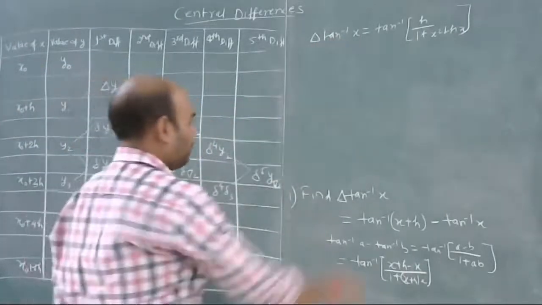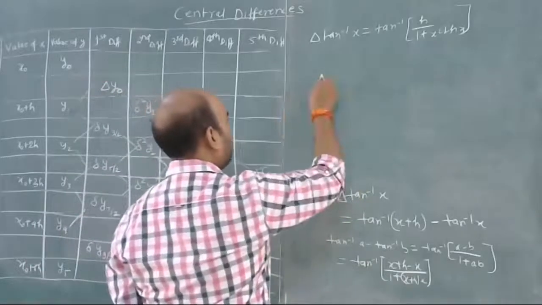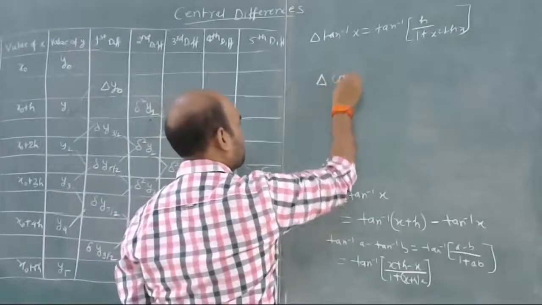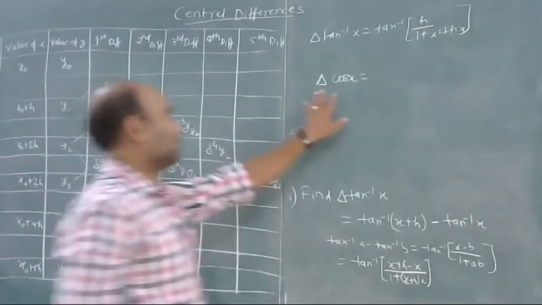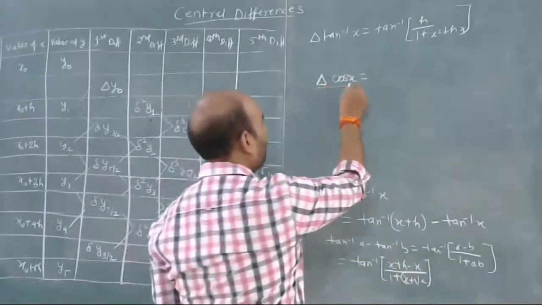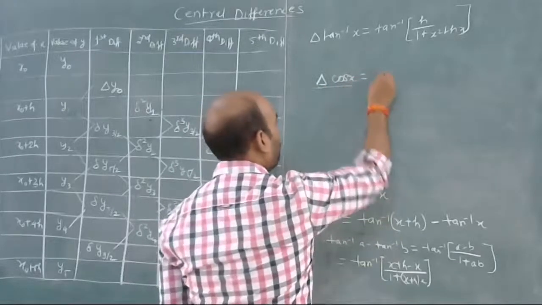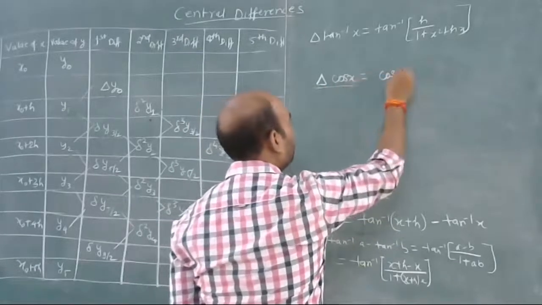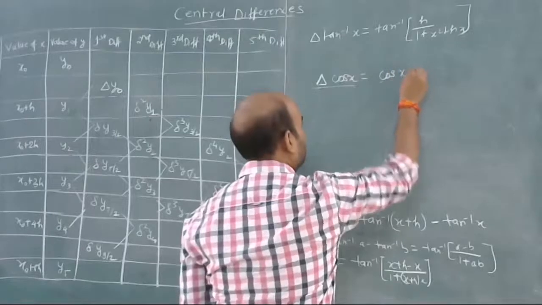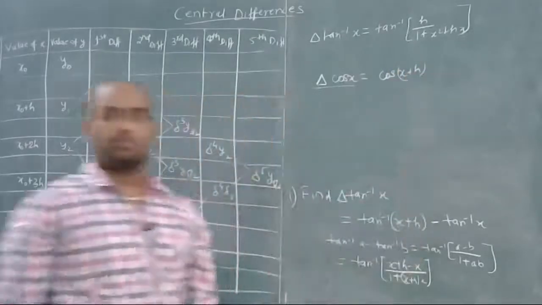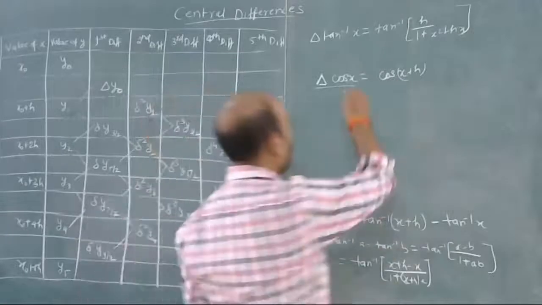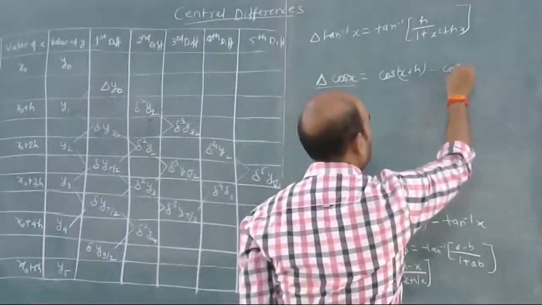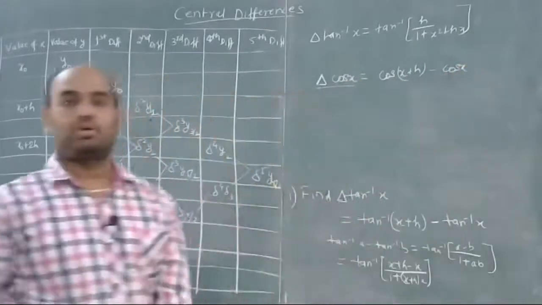Okay, so if you want to find del cos x, one function is given, cos x, so you have to find the difference of cos x. So the incremented value of cos x is cos of x plus h, minus its original value, cos x.